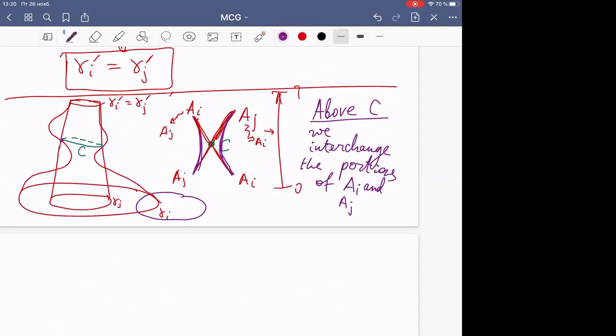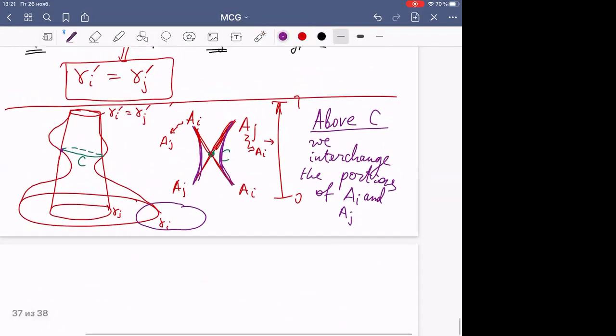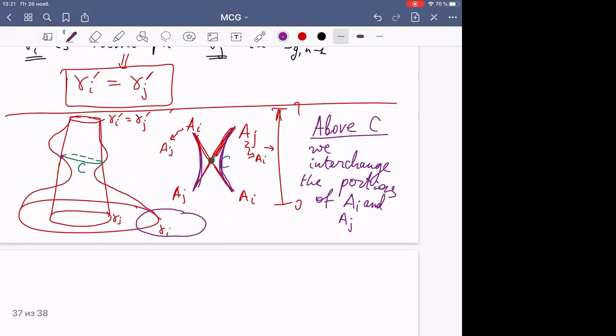Look, you may consider a curve gamma k. It is possible that there is a curve gamma k which is disjoint from gamma j, but is not disjoint from gamma I. Then intersections of gamma j with gamma k are unwanted.